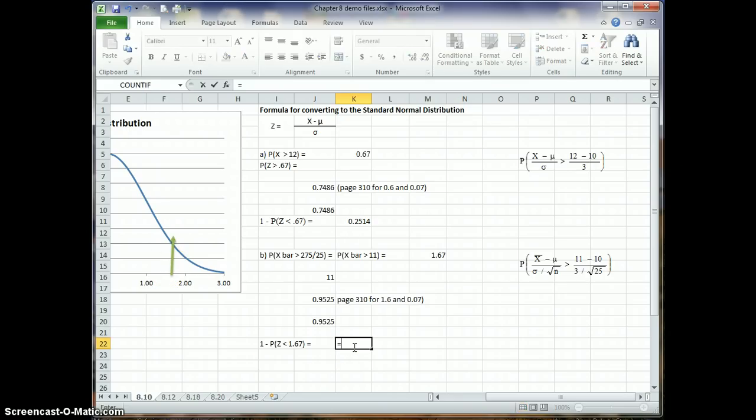And again, it would be equal to 1 minus 0.9525, which is equal to 0.0475. So the probability of a random sample of 25 students consuming more than 275 pizzas is 0.0475.